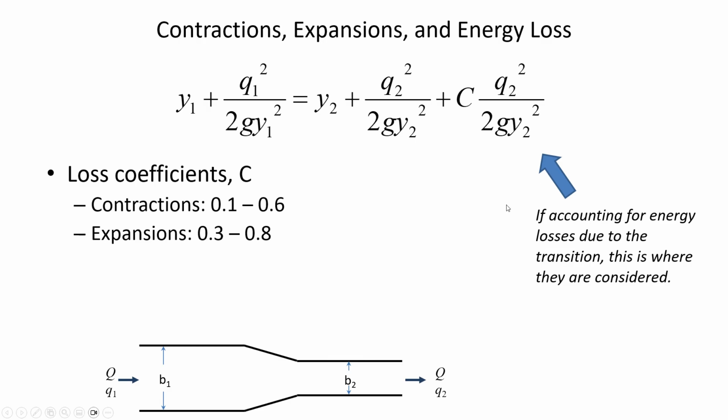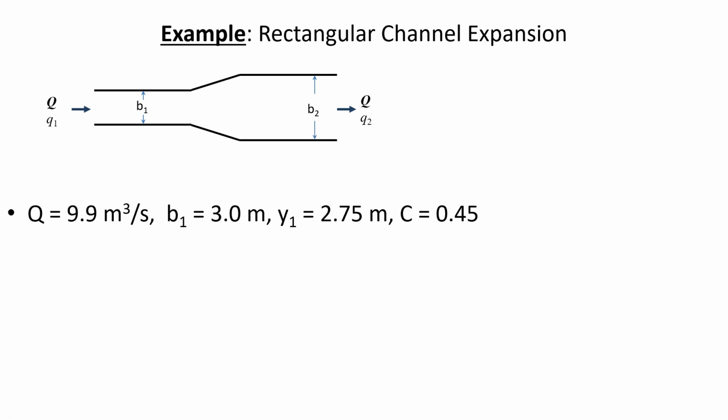So if we're accounting for those losses, then you'd simply add it to the right-hand side of the equation, because the specific energy formula is directional. We assume that water is always flowing from 1 towards 2. 1 is the upstream location, 2 is the downstream location. So if we're accounting for losses, then those losses need to be lumped in on the right-hand side of the equation so that the energy that was previously at 1 is now gone and not included in the specific energy terms for location 2.